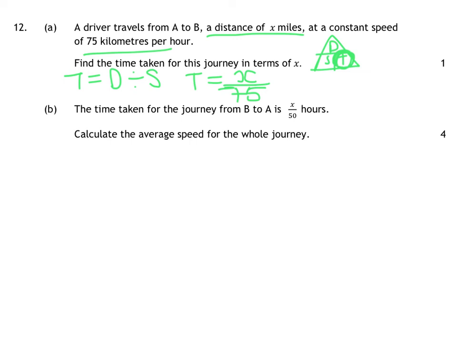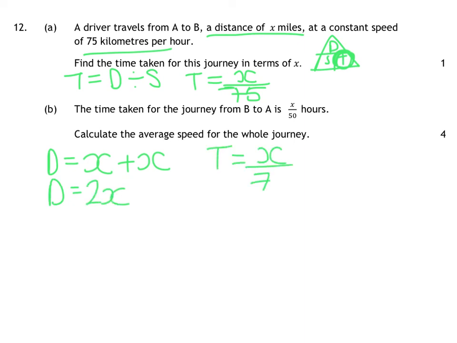So your whole journey, your distance was x on the way out plus x on the way back. So your distance was 2x. Your total time was x over 75 on the way out and x over 50 on the way back. Now, to do that time, you have to make them common multiples. I'm actually going to turn them both into 150.